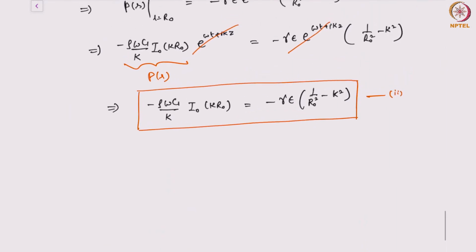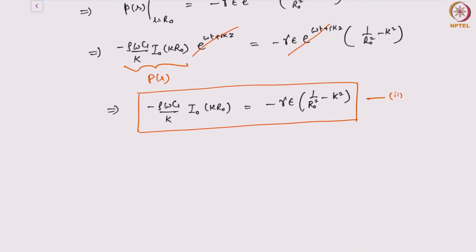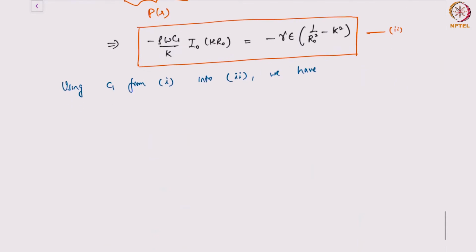So using C1 from 1 into 2, what do I have here? What was the value of C1? C1 turns out to be epsilon omega by I1 of k r naught.